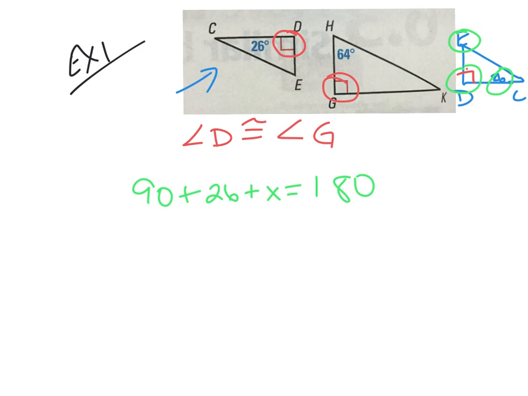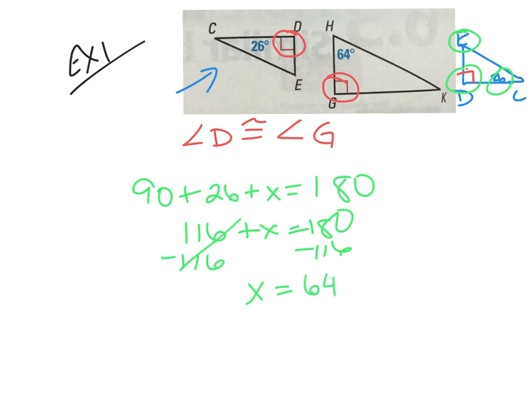So 90 plus 26 would be 116, plus X equals 180, so then I subtract 116, and I get the other angle equals what? 180 minus 116 is 64. Yes, 64.